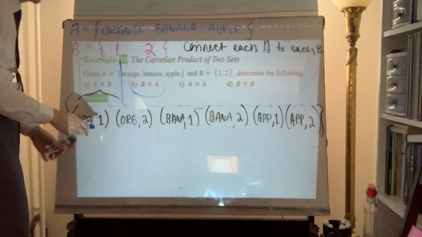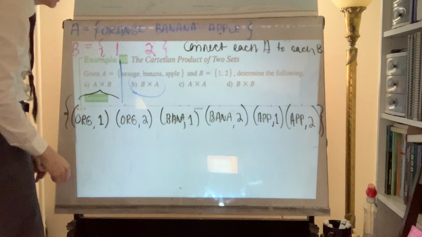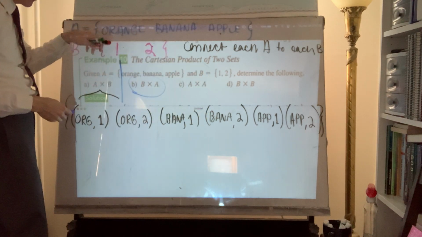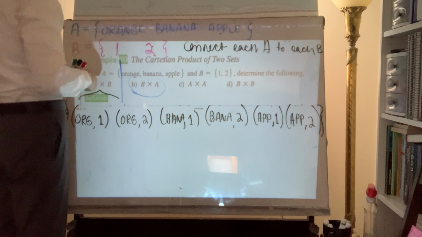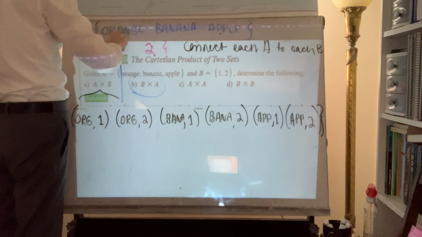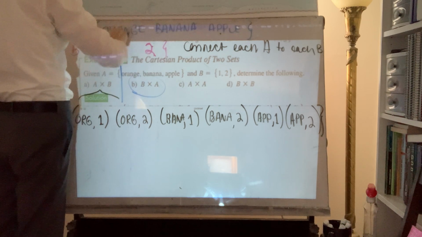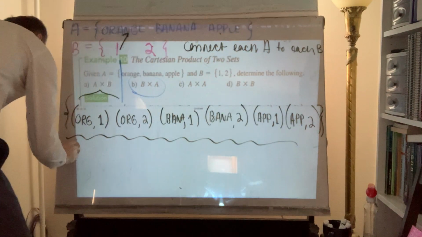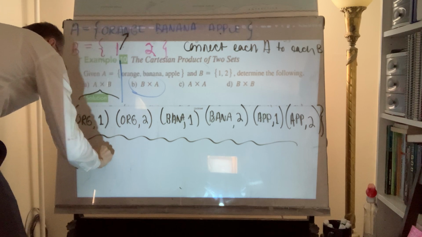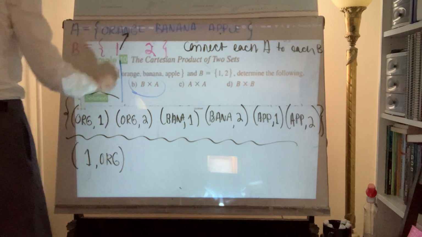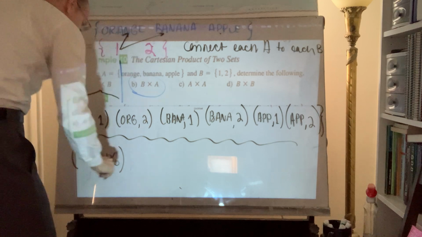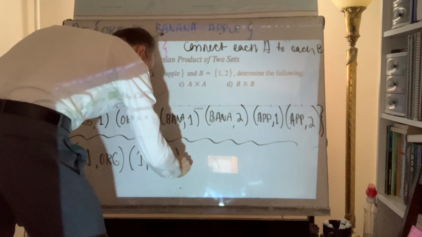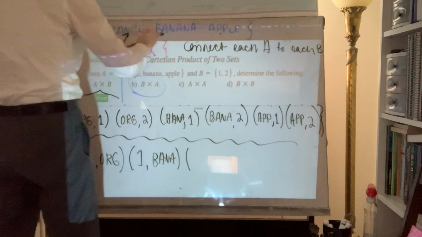So if you're going to draw these connecting arrows to help you arrange this, start from the B elements. So you're going to go backwards. So this would be 1 orange, and then 1 banana, and then 1 apple.